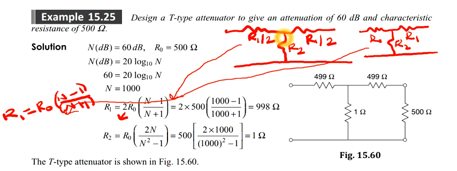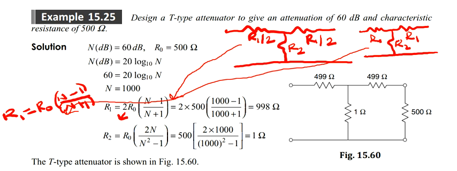So for a given attenuation of 60 dB, it is capital N in dBs and R0 is 500 ohms. And one more point here, this attenuation is given in dBs, but in this formula the n is not in dB. So we have to convert that N into nepers without dBs.